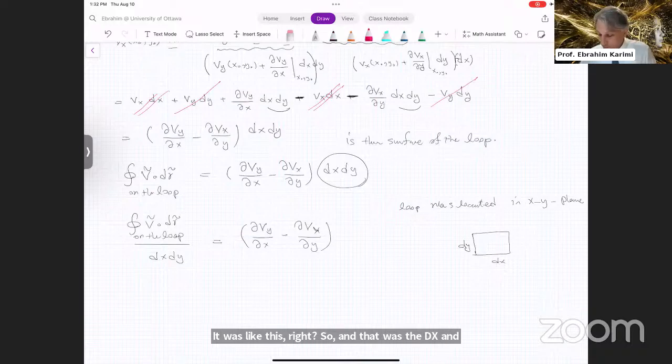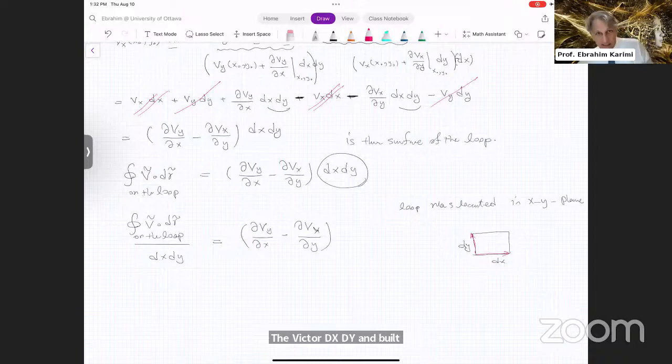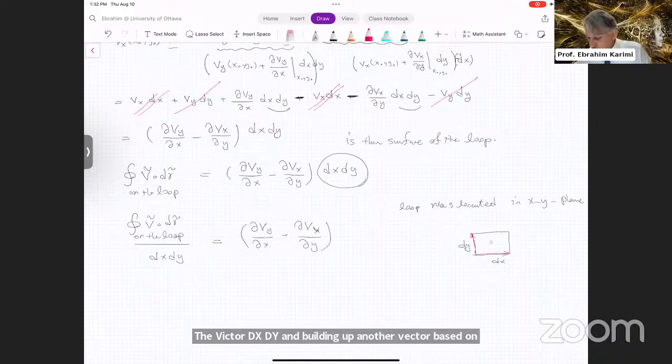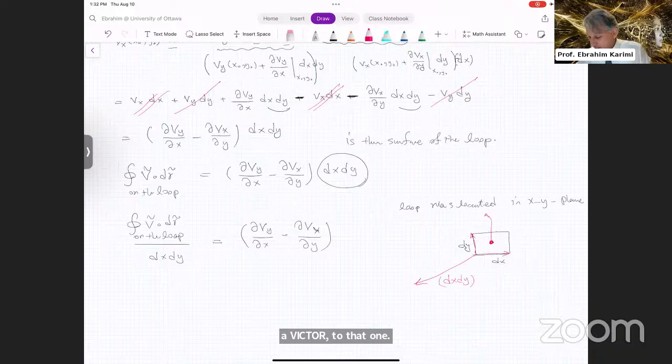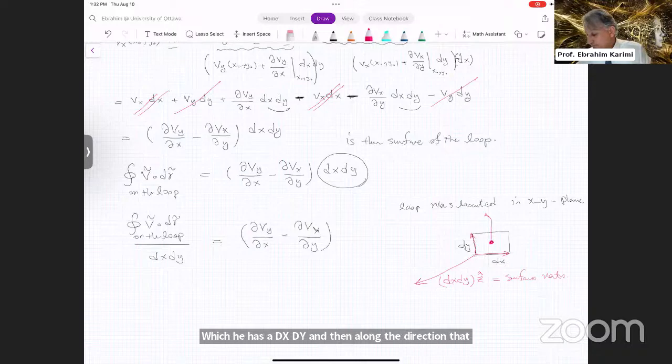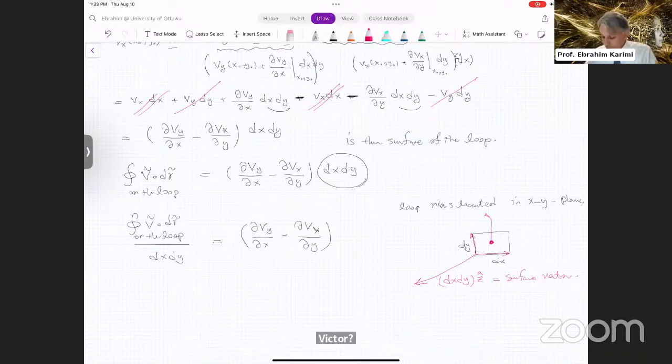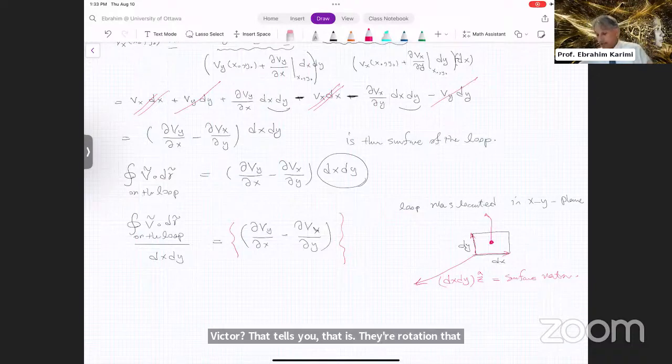If you use the vector dx dy and build up another vector based on the cross product, essentially a normal, which means a vector orthogonal to that one, it has a dx dy, and then along the z direction, that is the surface vector. That tells you that is the rotation that you have. So the rotation is indeed along this z direction, and that's the amount of rotation.